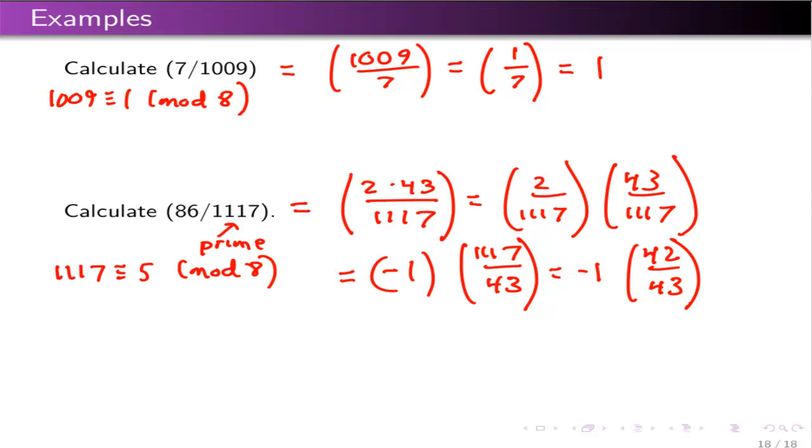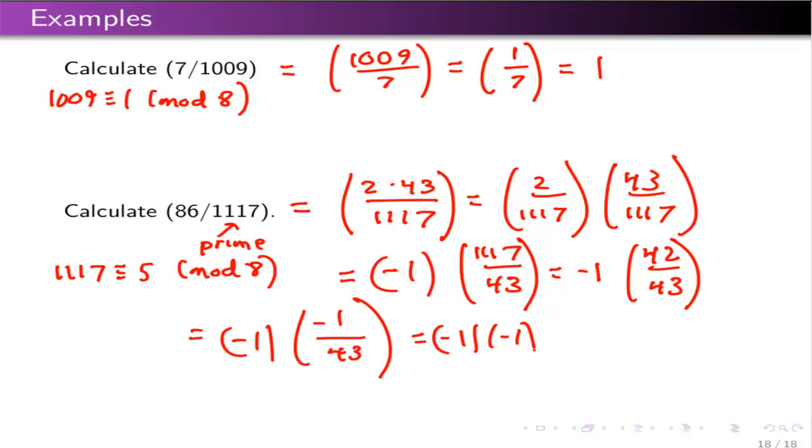And then finally 42 I just view as a negative 1. So minus 1, negative 1, and 43 is 3 mod 4, so this is another negative 1. And so it comes out to be a plus 1 in the end. So 86 is in fact a quadratic residue mod 1117.